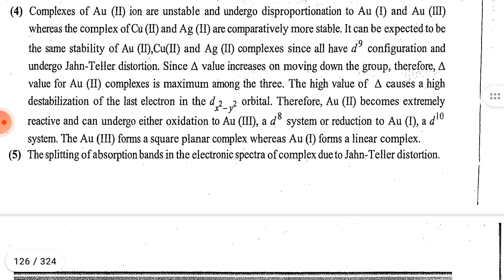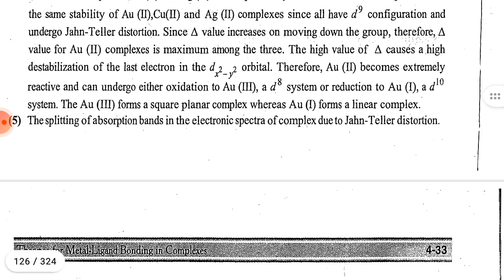Fourth, complexes of gold(II) ions are unstable and undergo disproportionation to gold(I) and gold(III), whereas the complexes of copper(II) and silver(II) are comparatively more stable. It can be expected that the stability of gold(II), copper(II) and silver(II) complexes would be the same, since they all have d9 configuration and undergo Jahn-Teller distortion.